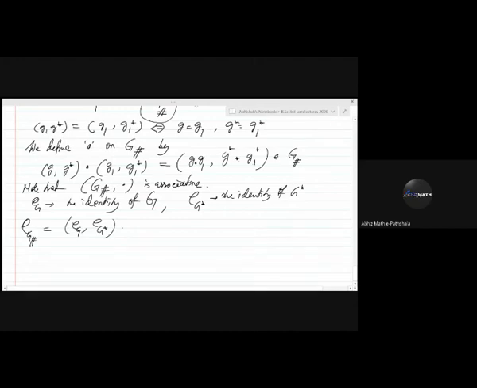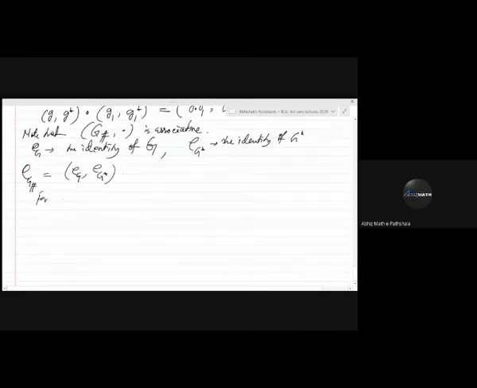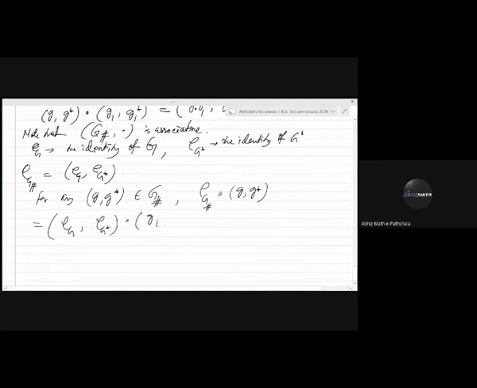That is, for any (g, g star) belonging to G sharp, we have EG sharp compose (g, g star). What is that? It is (EG, EG star) compose (g, g star). That is EG dot g, and it is EG star star g star.